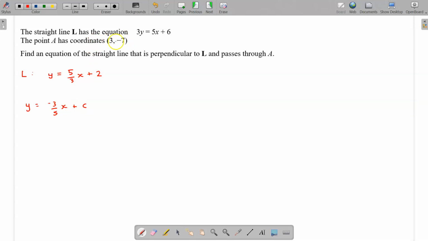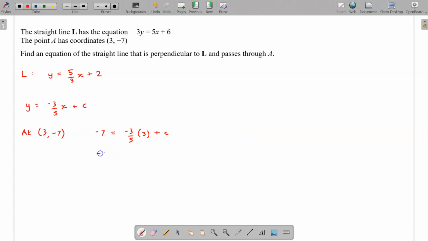So we can use that information to find the value of c. So at the point with coordinates 3, negative 7, we know that y is negative 7, and that equals negative 3/5 of x, which is 3, plus c.